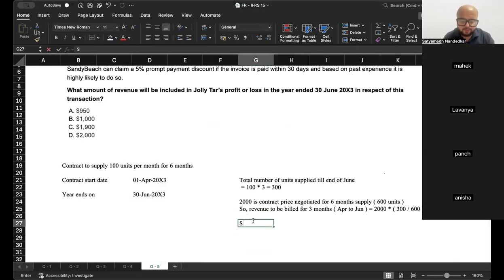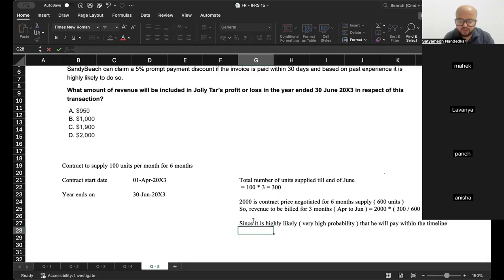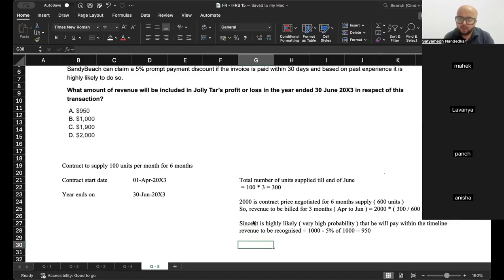So, since it is highly likely, meaning very high probability, that he will pay within the timeline, revenue to be recognized is 1000 minus 5% of 1000, which is 950. ठीक है. 1000 minus 5% of 1000, that is 950.